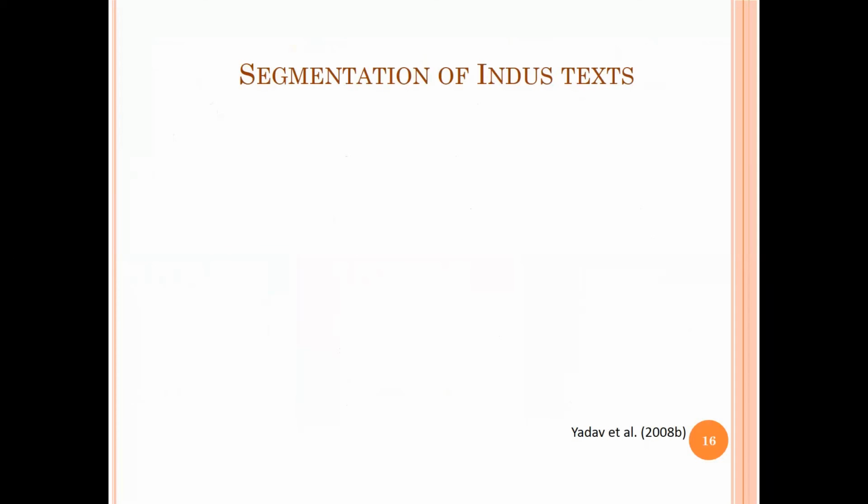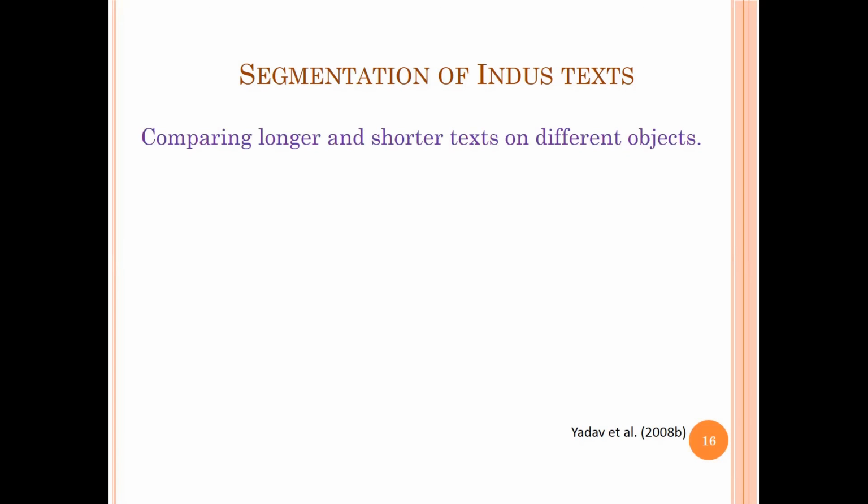Now, as I already told you, the length of the index text varies from 1 to 14 signs, and it is possible to segment longer index text into smaller units. And we can actually perform the segmentation of the index text in various ways. I'll show you one example over here. We can compare the text coming from different objects.